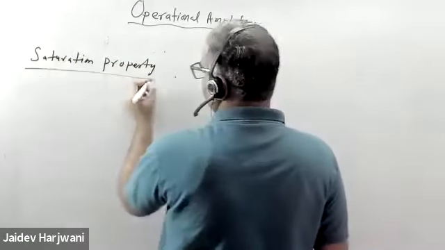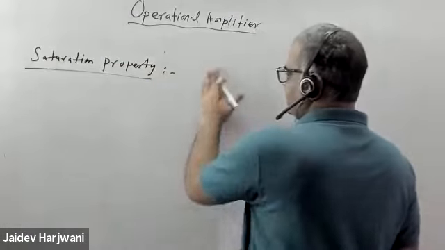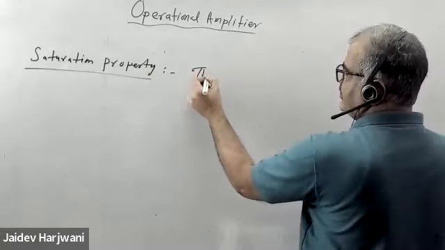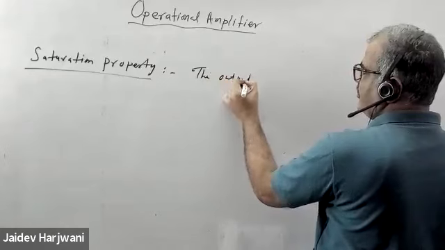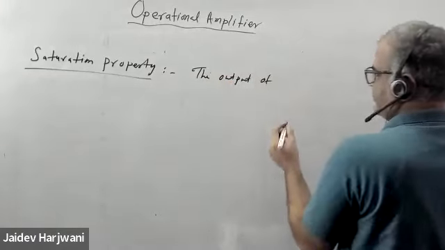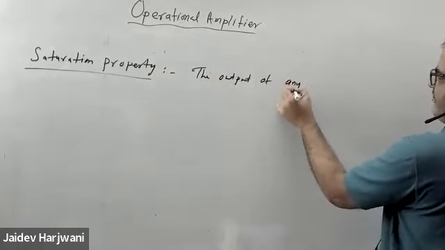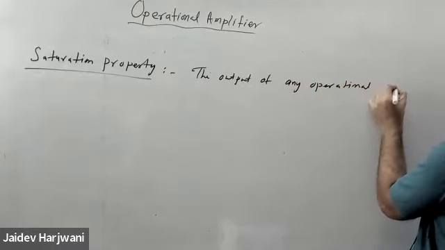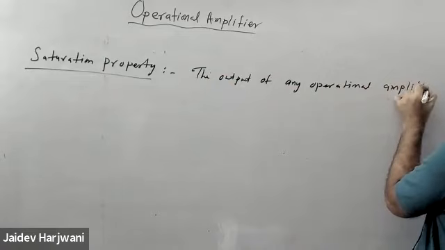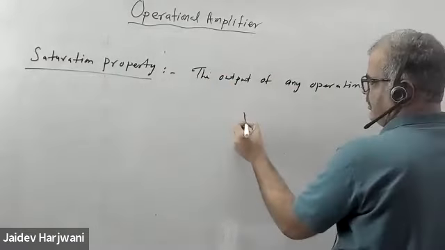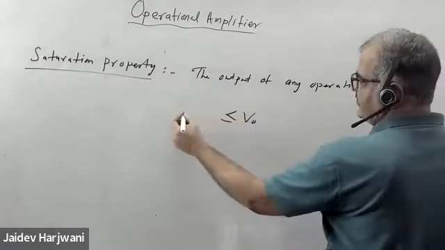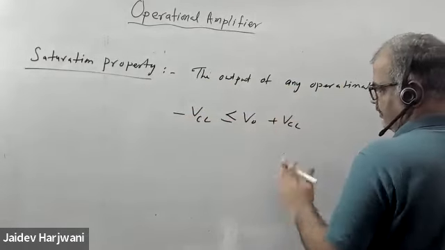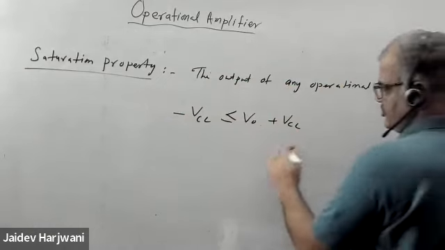The saturation property says that the output of any operational amplifier, V naught, is always between the limits minus VCC and plus VCC.